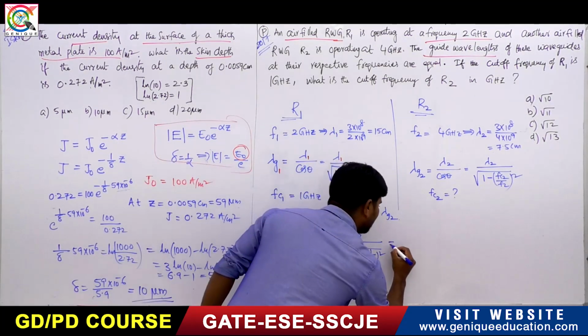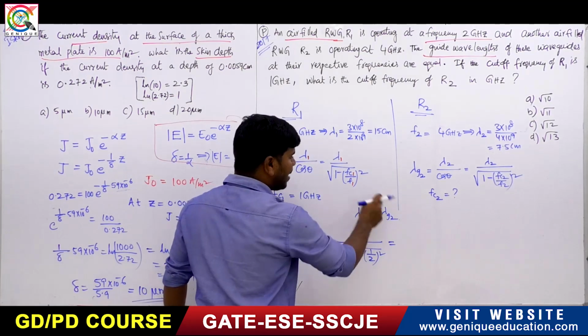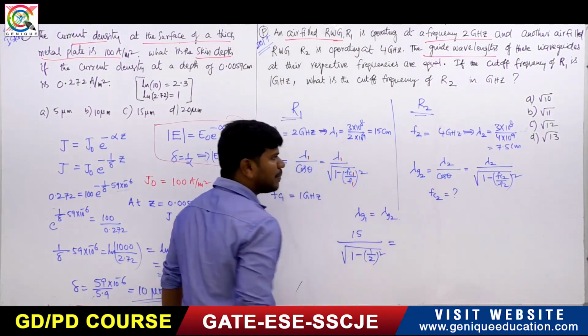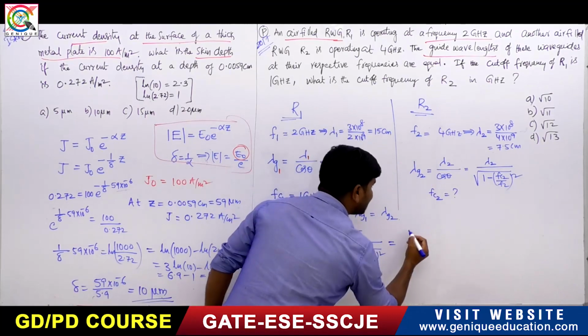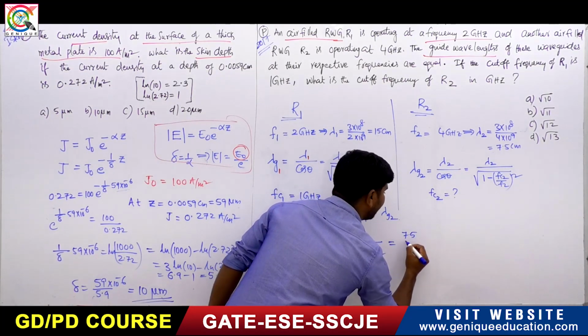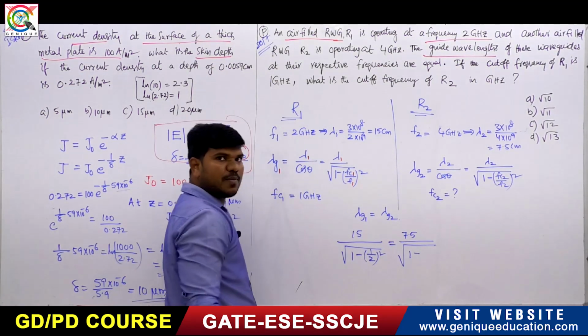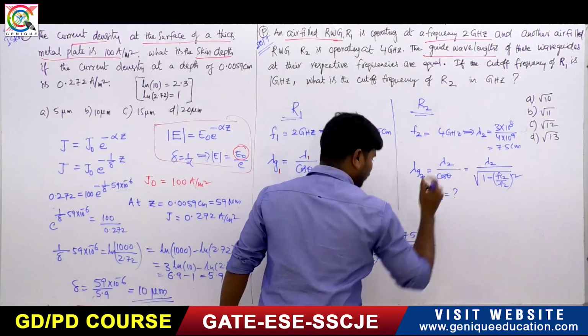So this is equal to lambda g2. Lambda g2 means lambda 2 divided by this one. What is lambda 2? Already we found lambda 2 as 7.5, divided by root over 1 minus fc2 divided by f2, which is 4, whole square. fc2 we have to find.